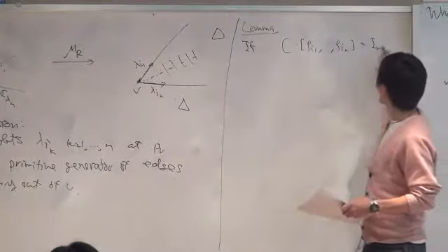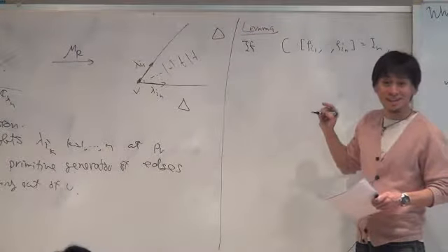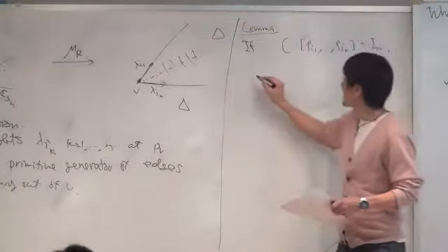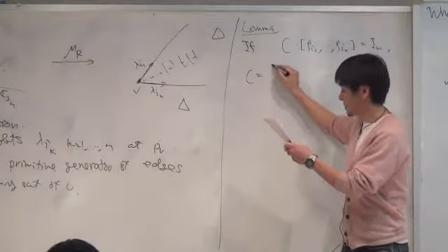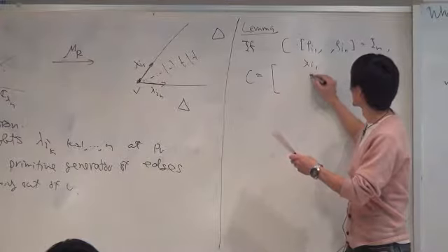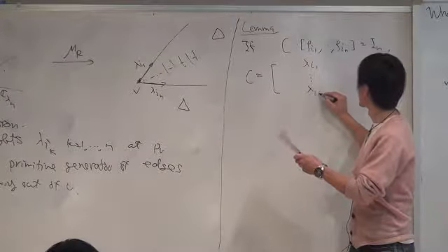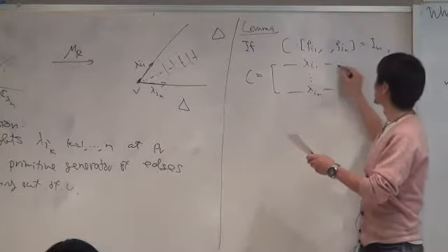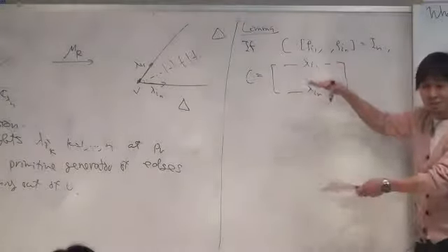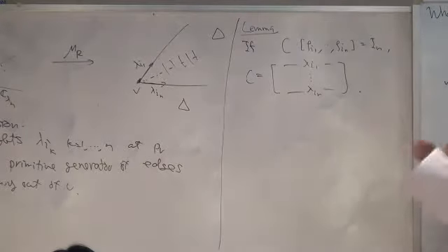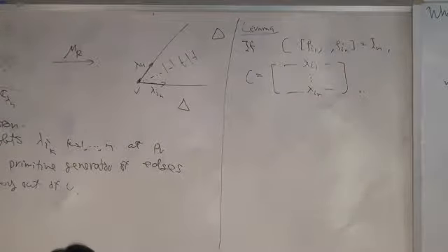Yeah? What are they? Yeah? I claim that C must be those lambdas. Yeah? I haven't really been paying attention to whether it's row vectors or column vectors. So when I write these horizontal lines, they're row vectors. Okay? And what do you think?